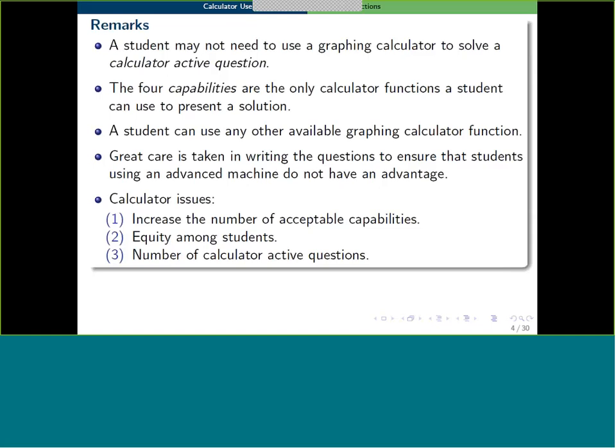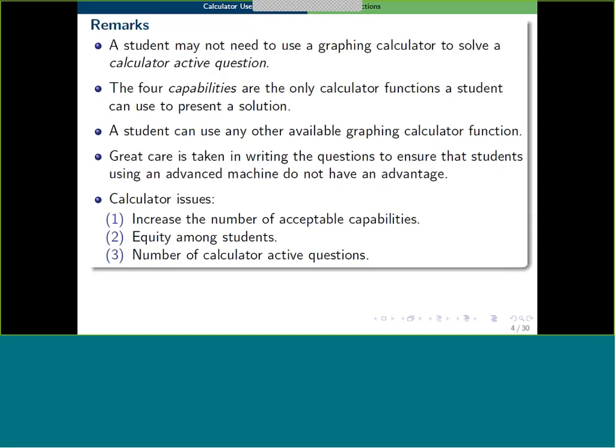The 4 capabilities are the only calculator functions that a student can use to present a solution to a problem on the AP exam. Certainly, we want students to use other functions on their calculator. We encourage them to do so. Use any capability that your calculator has, but those are the only 4 that they can use to present a solution.